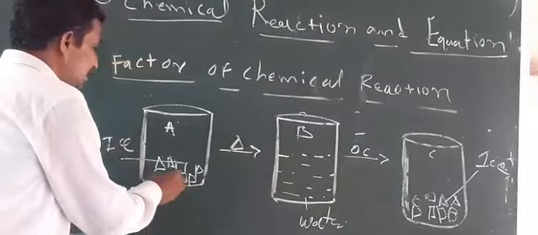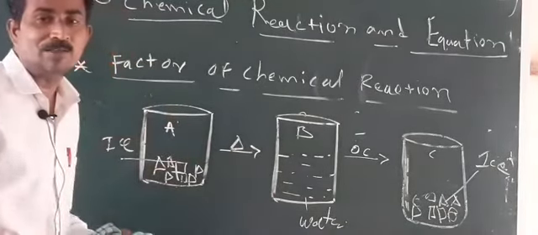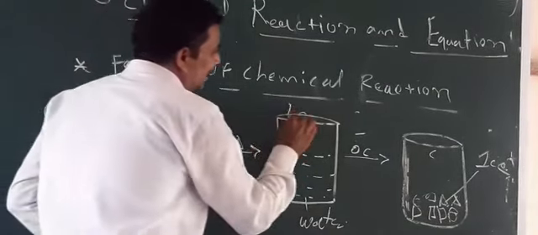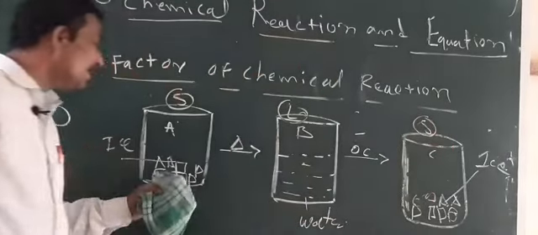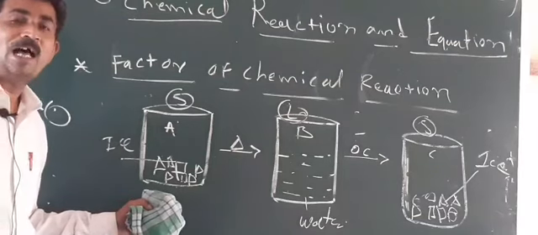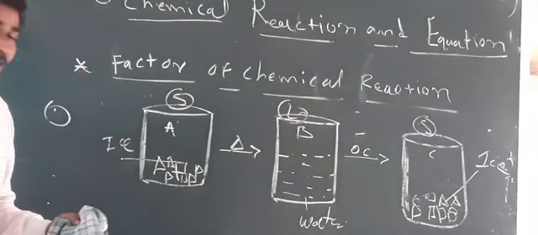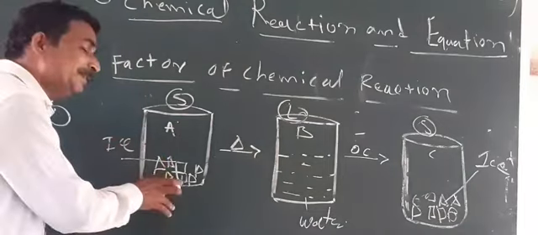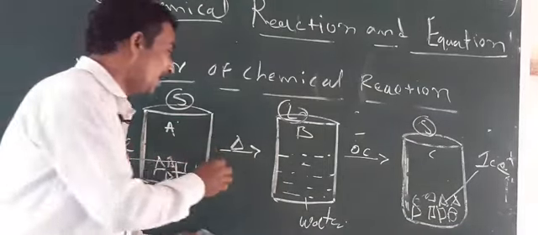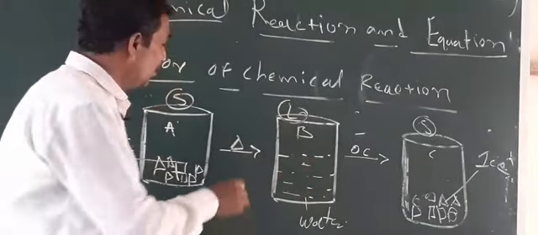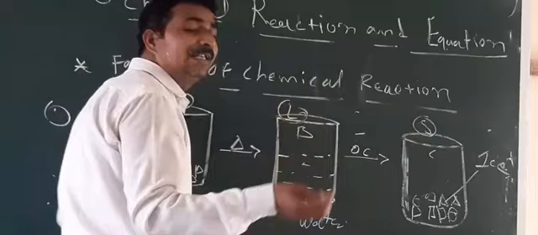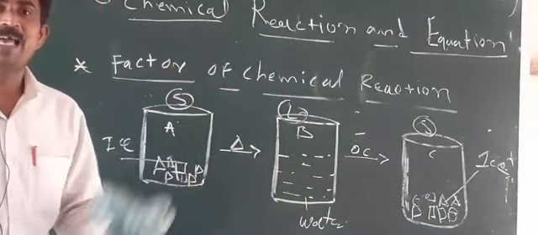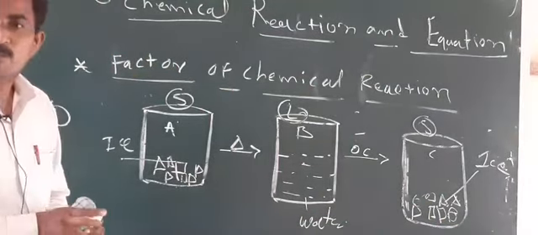When heat or temperature is given to ice, its state changes: the solid ice becomes liquid, and again it becomes solid. Whenever there is a chemical reaction, temperature is very necessary. When heat is given to the ice pieces, the state changes from solid ice to liquid, and when cold temperature is given, it forms solid again. So in chemical reactions involving water, temperature is very important.